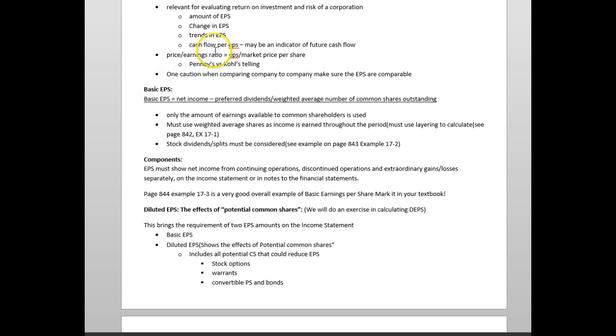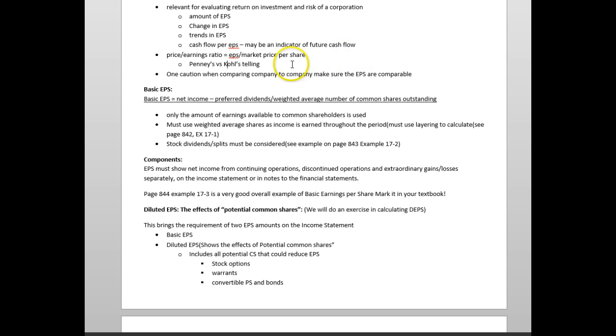The price-earnings ratio equals the market price per share divided by the EPS. And this just gives you a ratio so you can compare across companies. The book uses what I consider a really good illustration: Penney's versus Kohl's.